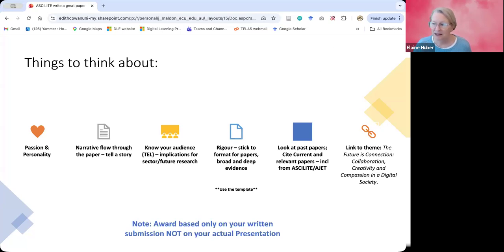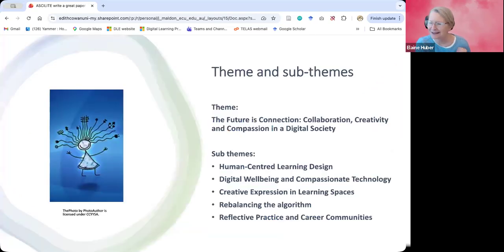Can I elaborate a bit more on the theme? Excellent question, because the next slide says just that. So our theme is obviously quite generic and overarching. We do that on purpose because we want to encourage as many people as possible to submit to the conference. So we do have sub-themes, and when you submit your paper through the portal, you will be asked which sub-theme it's mostly related to.